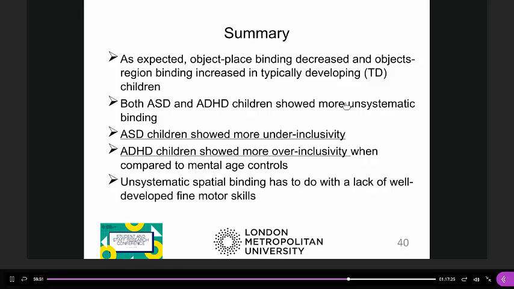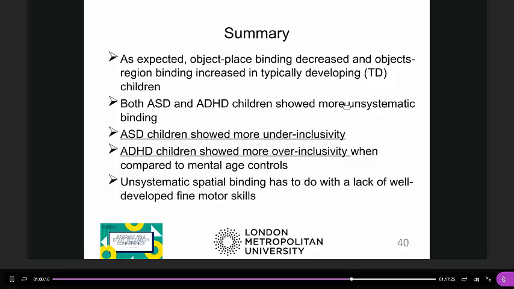So the control for fine motor skills showed that the unsystematic spatial binding has to do with a lack of well-developed fine motor skills, and remember that these are mainly boys.